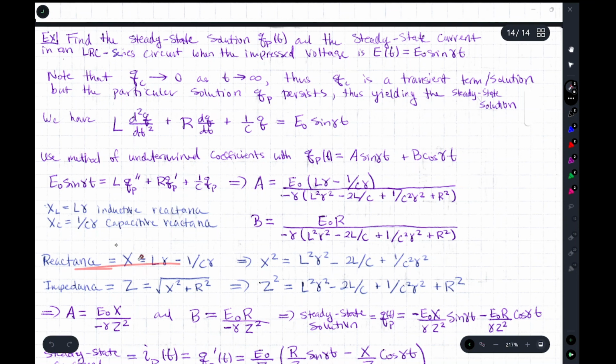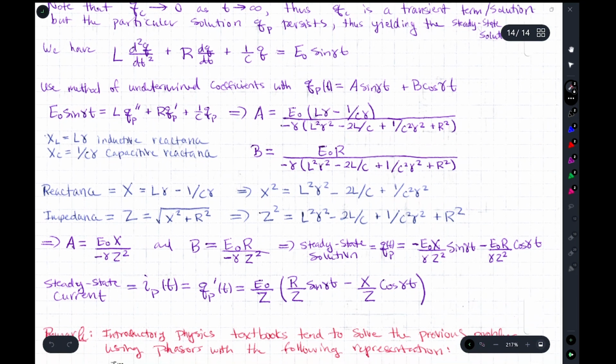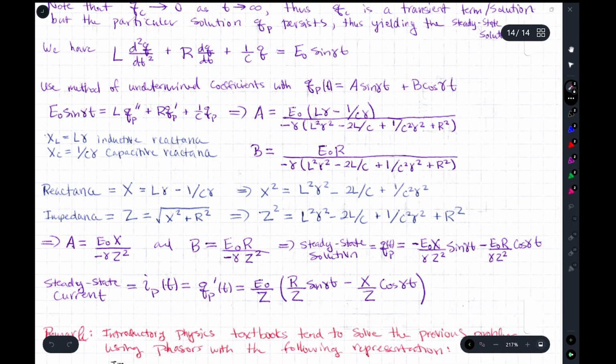We just call it X, rather than X sub L or X sub C. The impedance is the square root of X squared plus R squared. Now we could square both of those terms, and the reason we square them is because now we could identify the squared terms with what's going on in the denominators there and also in the numerators. So we get, in a much more compact form, A is equal to this and B is equal to that. And so here goes our steady state solution.